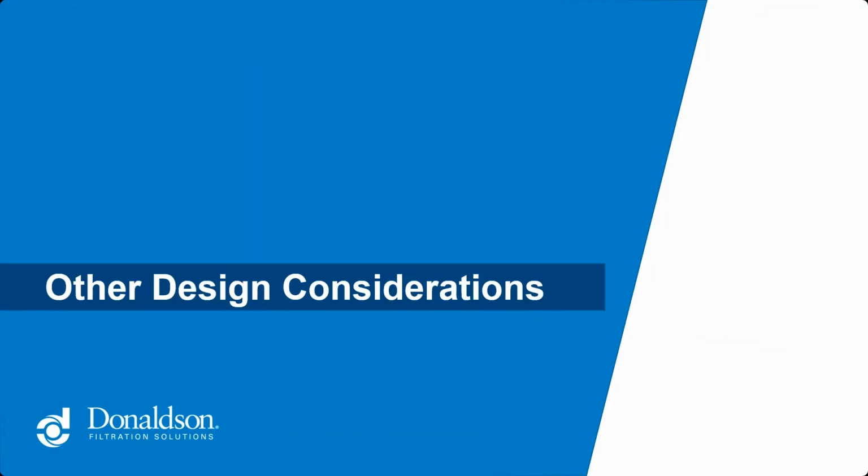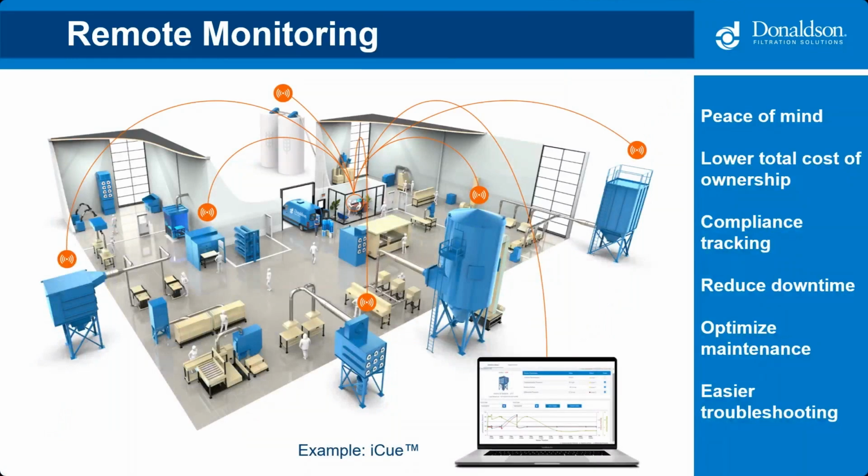To finish things up, and then we'll open up for discussion, there are a few other design considerations to think about. Many dust collector manufacturers are now offering the ability for operators to monitor their systems remotely. At Donaldson, we call our system IQ, which essentially makes a dust collector smart.